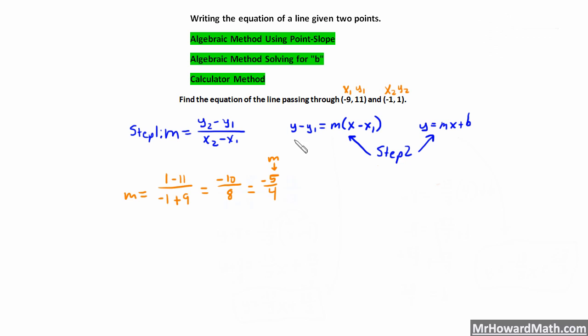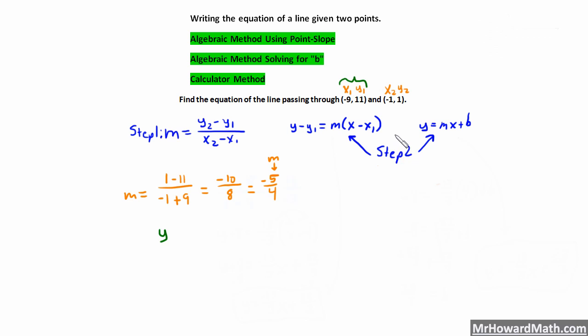Alright, so now once we've found our m, we need to use our step 2, and we have two choices. We can either use the point slope, or we can use the y equals mx plus b and solve for b. So the first thing that I'll show you is using the point slope. So let's fill that out. So we have y, and I'm going to go ahead and use this point right here.